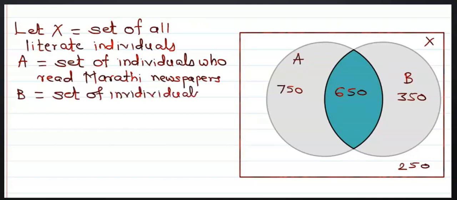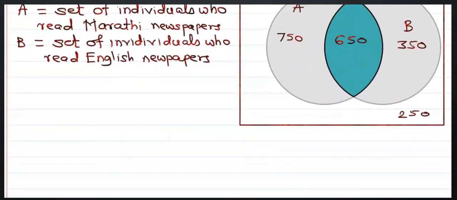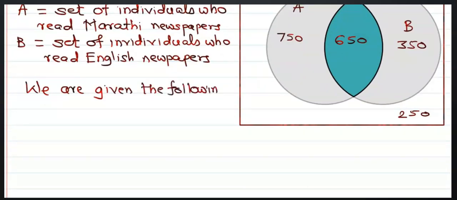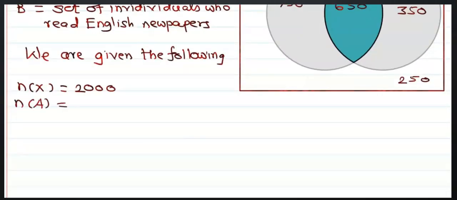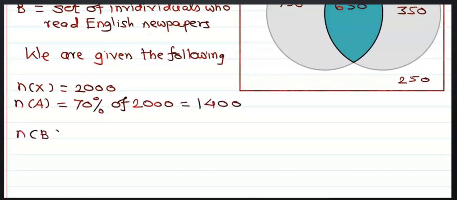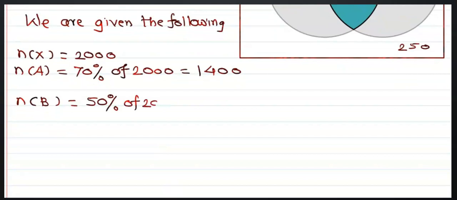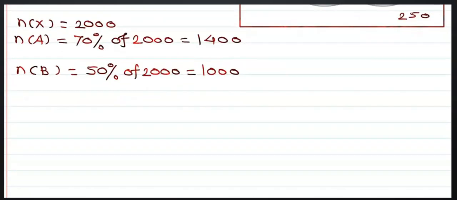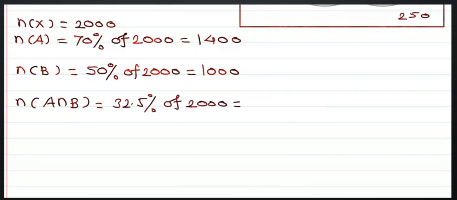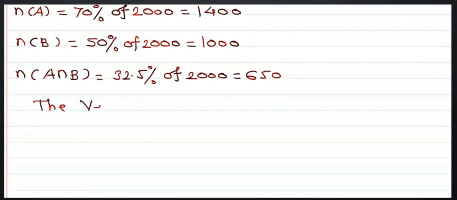B is the set of individuals who read English newspaper. We are given the following: n of X is equal to 2000, n of A is equal to 70% of 2000, that is 1400, n of B is equal to 50% of 2000, that is 1000, and n of A intersection B is equal to 32.5% of 2000, that is 650.